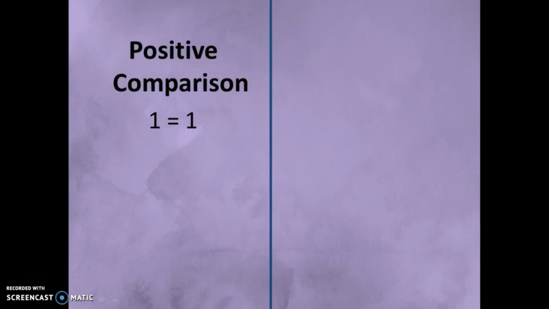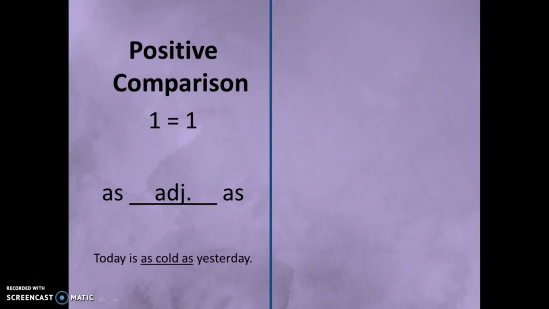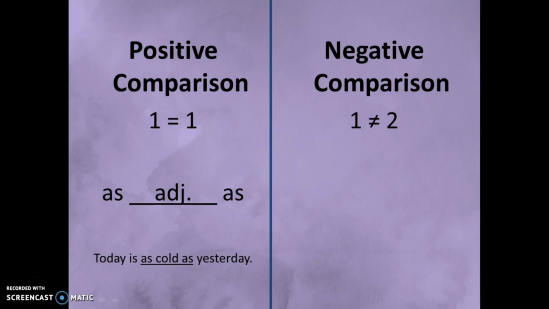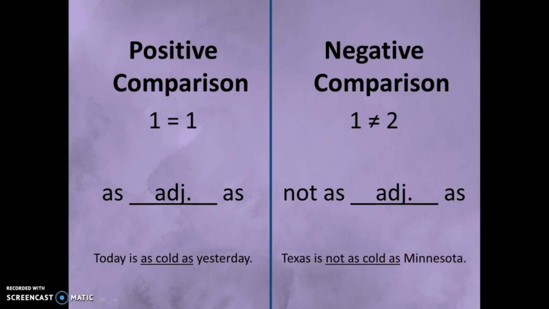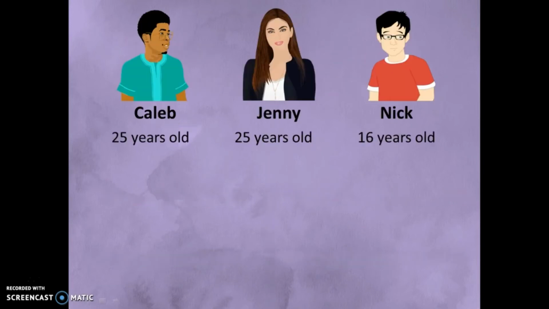Now, if I take a look at these two types of comparisons, I've got my positive comparison using as adjective as, such as in my example, today is as cold as yesterday. I also have my negative comparison using not as adjective as, such as in my example, Texas is not as cold as Minnesota.